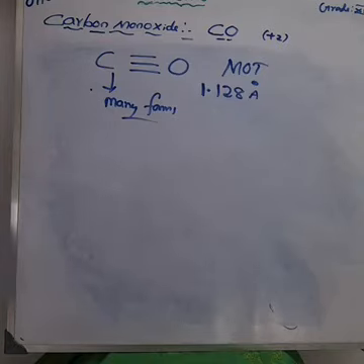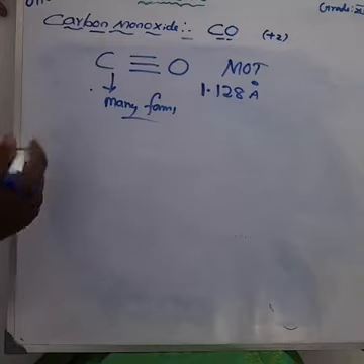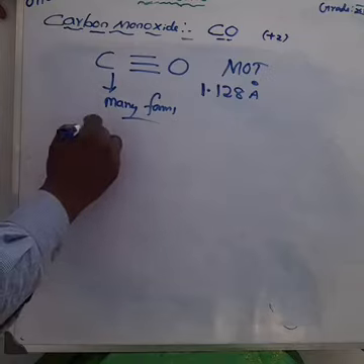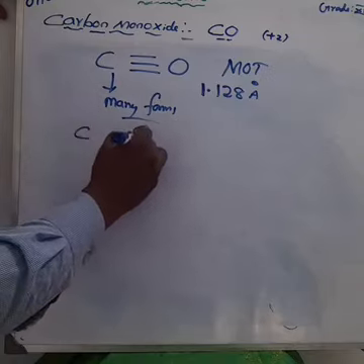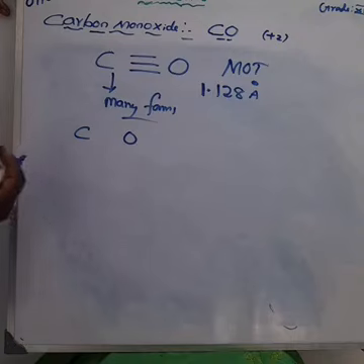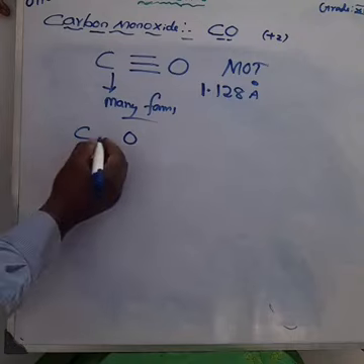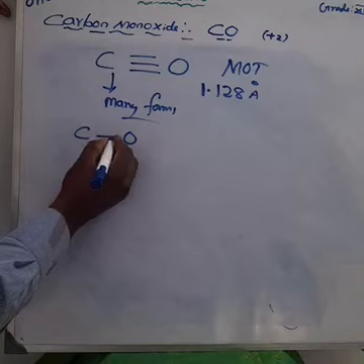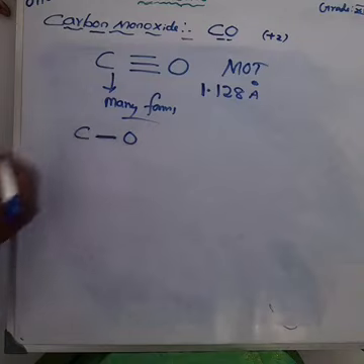How can you draw the carbon monoxide structure? First write carbon, then give one space and write oxygen. Carbon and oxygen must have at least one connection, one small connection, that we call a bond.